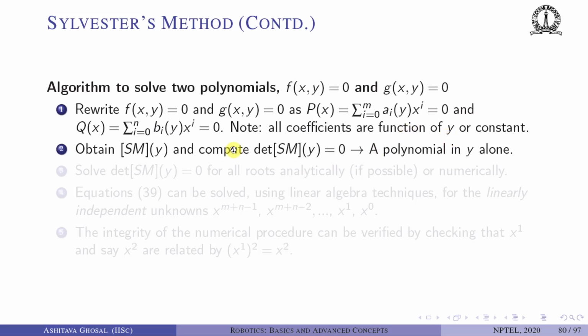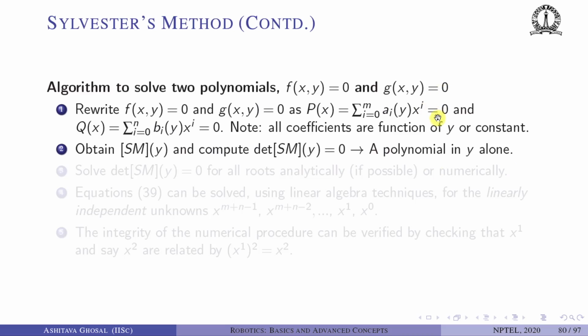Then obtain Sm of y exactly in the form I showed you. You multiply p of x the correct number of times with x, q of x the correct number of times with x, then form the square matrix, and then you compute the determinant of Sm of y equal to 0. So this is a polynomial in y alone.